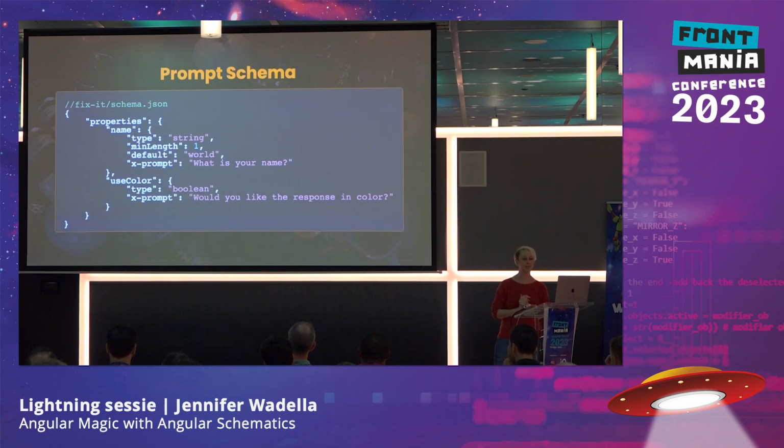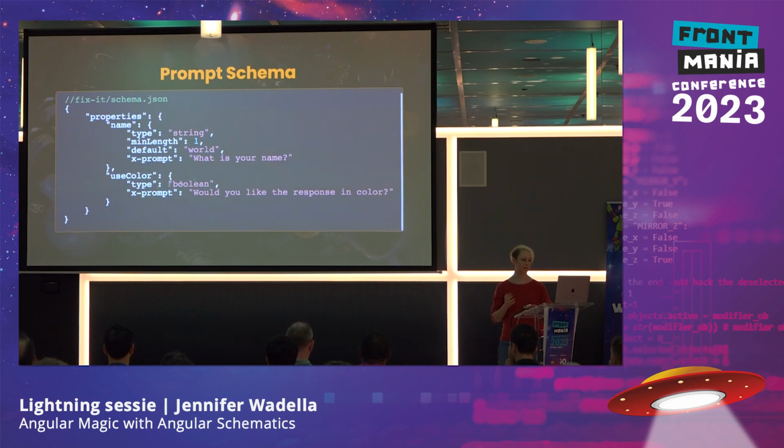To create a prompt schema, it's going to look something like this, where we are doing a prompt that is basically a Boolean prompt. Would you like this in response to color, yes or no? For this use color example, the name was just a general input one. So when we start to configure the input prompts inside of our schematic, this is what that's going to look like.